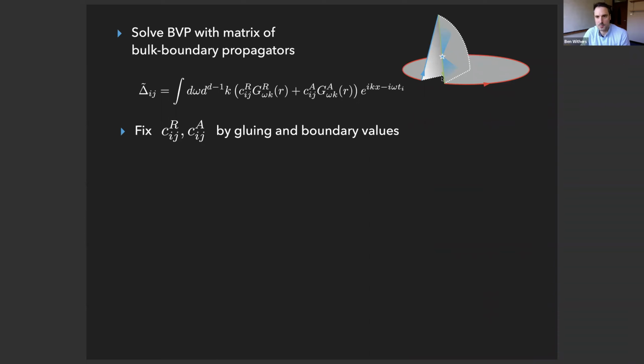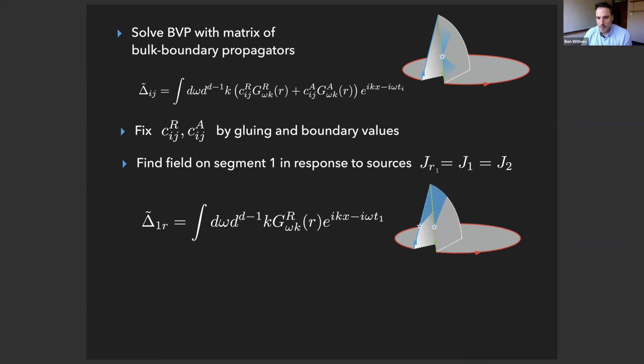We fix these coefficients by making sure that the gluing conditions are satisfied between each of these segments and the boundary values are appropriate. For example, in this case, we want a delta function for the source term at the boundary in segment 2. So this would fix some combination of C1a, Ca and Cr. These gluing conditions and the source conditions completely determine all of these constants.